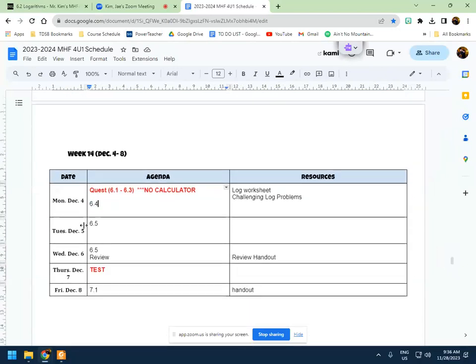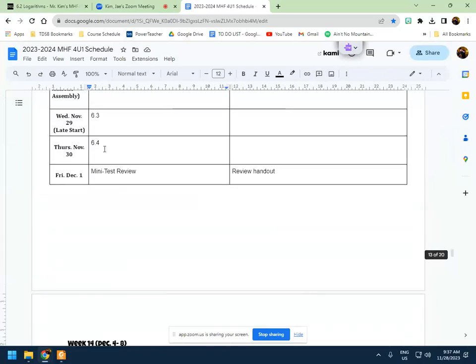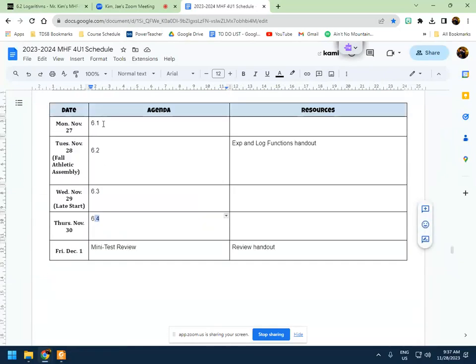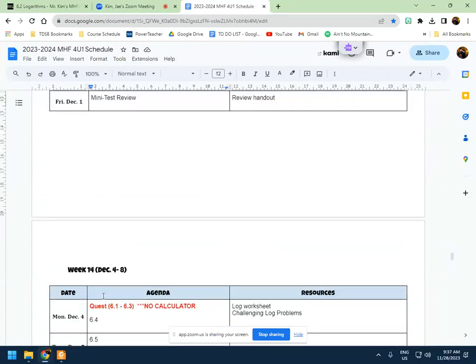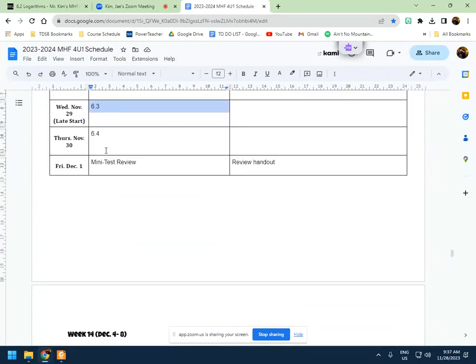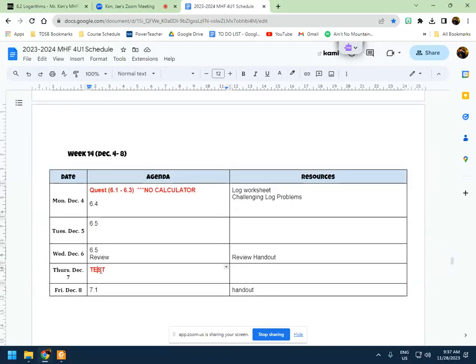And just be aware, 6.5 is basically a repeat of the same idea again. The main part is 6.4. So we are going into 6.4, but you do have a quiz on this stuff Monday. And then you're probably going to be studying your butt off for 6.4 in preparation for the test.